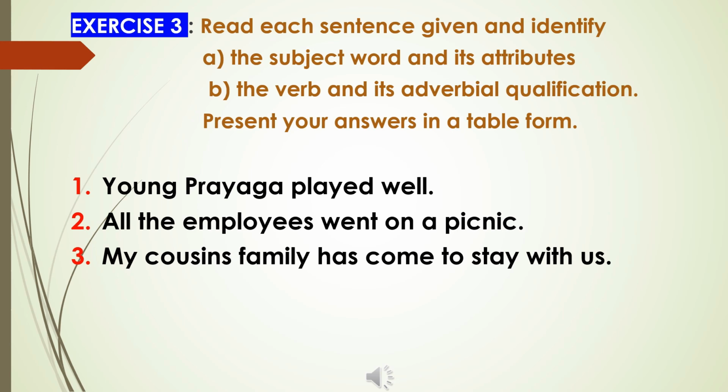And the subject word is often qualified by an adjective, or words that do the work of an adjective are called its attributes. In the predicate, the verb may be qualified by an adverb or a group of words that do the work of an adverb. This is called an adverbial qualification.